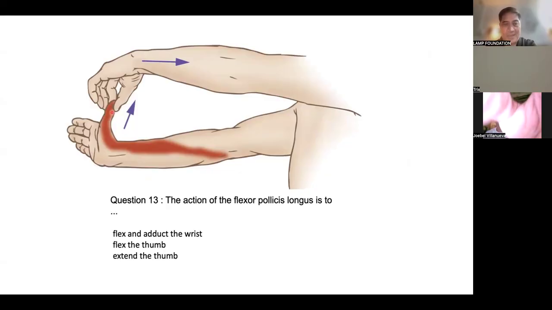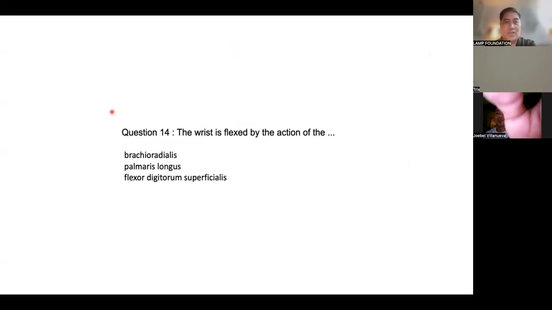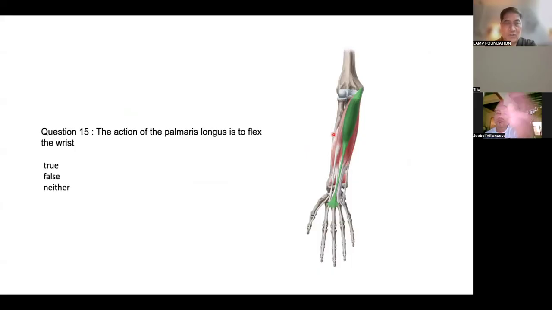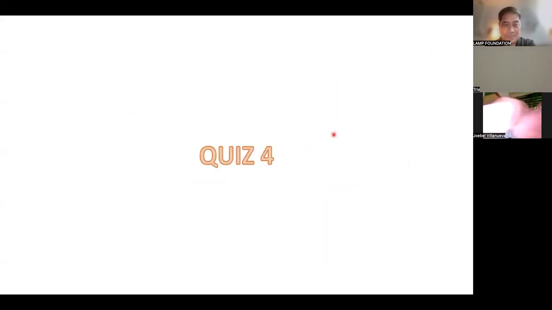Flex the thumb. Yes. Wrist is flexed by the action of the palmaris longus. Action of palmaris longus is to flex the wrist. True or false? True.